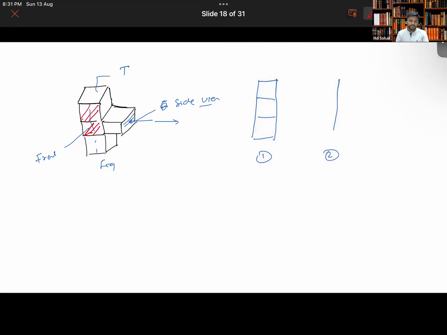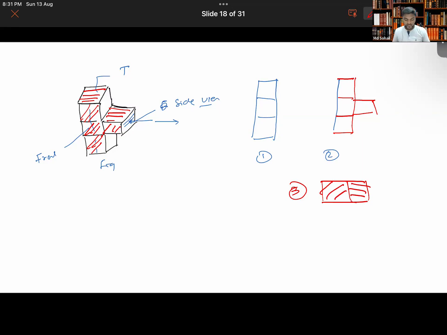So it's going to be like this over here. What about the top view? If you were to look at this 3D figure from the top, you will be able to see this one and just this one only. So it will be like this.